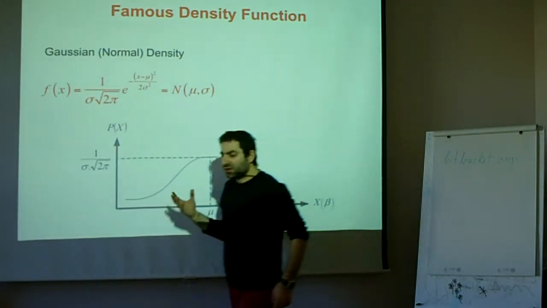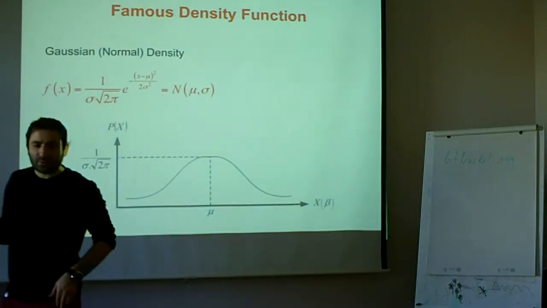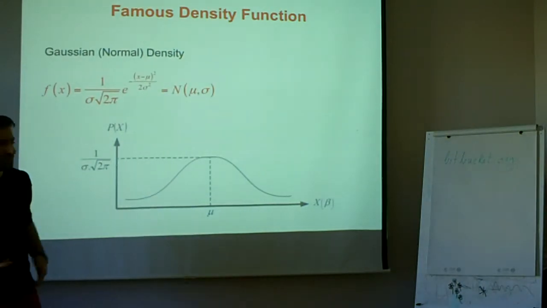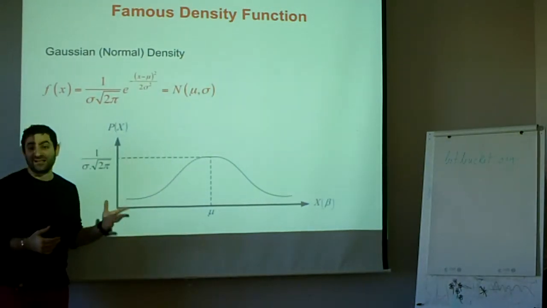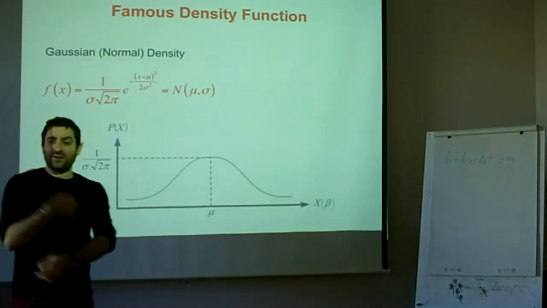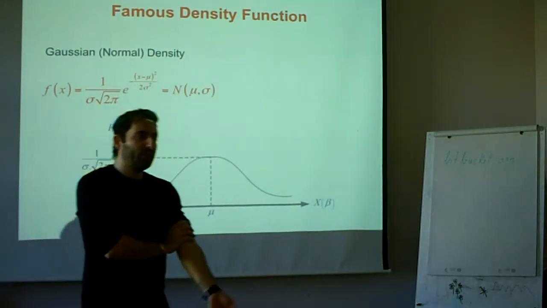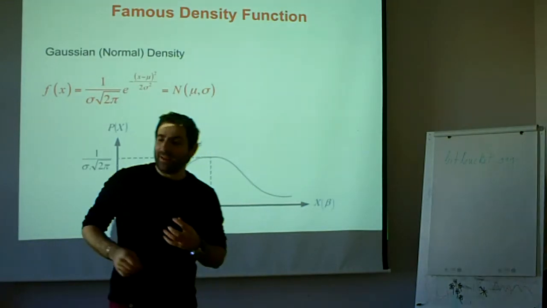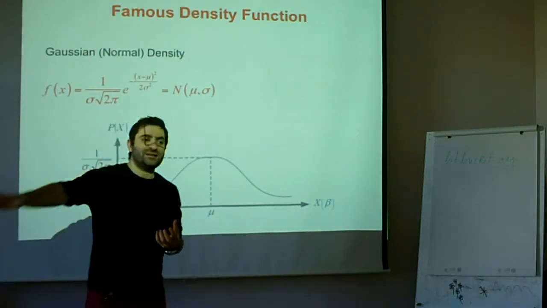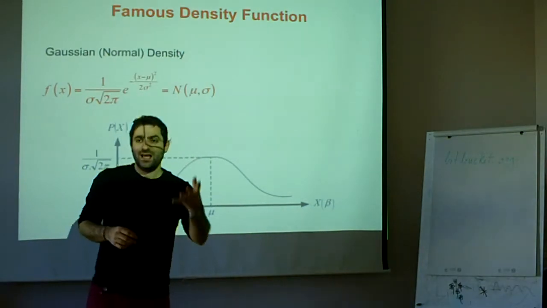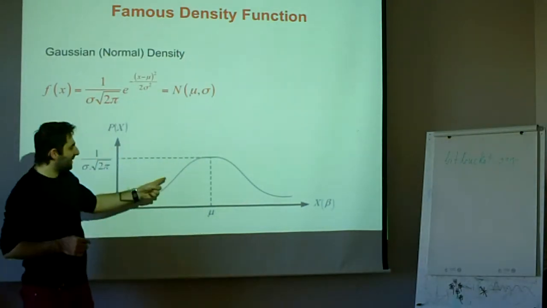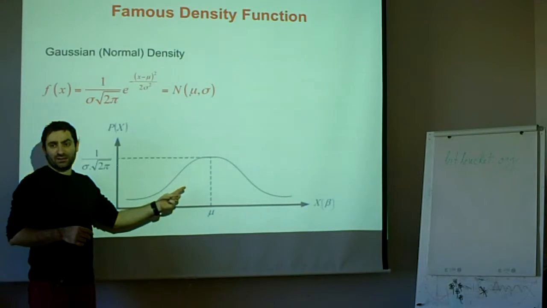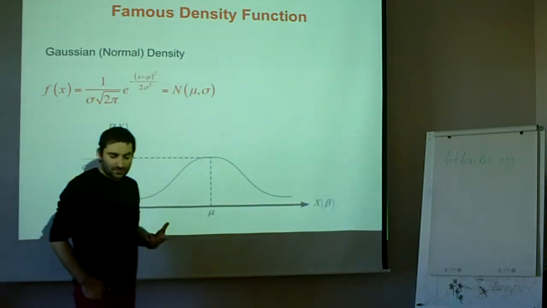This distribution is very important because in reality, it is one of the distributions that we see a lot. We have a theorem, called the central limit theorem, which says that if we have infinitely many different types of distribution and we add them, this is the result of their addition. So this is a very good distribution.